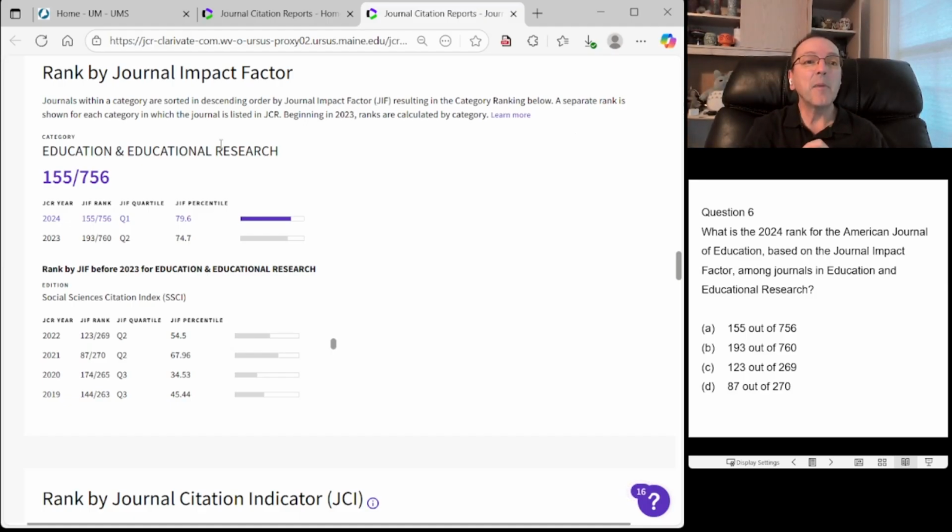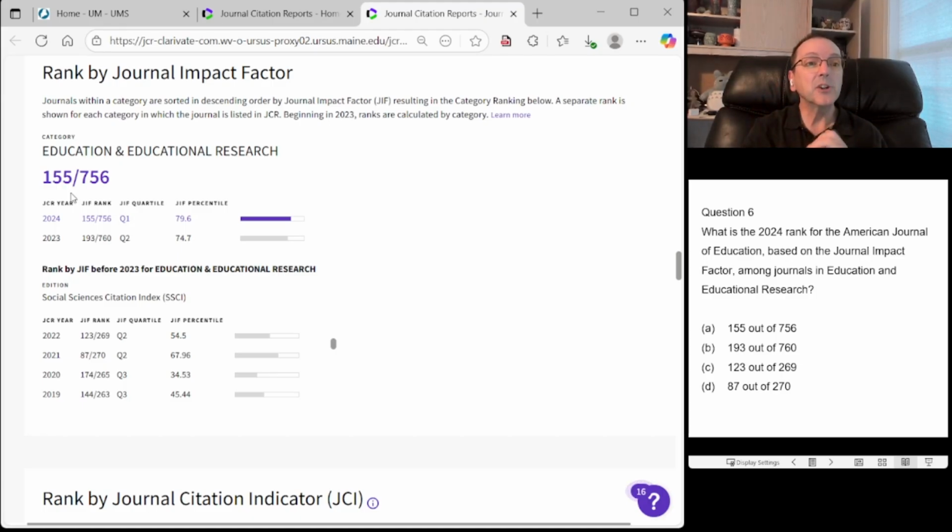And we see again, it reminds us that the discipline, the category for our journal, is education and educational research. And for 2024, we see its ranking was 155 out of 756. So JCR has classified 756 journals as education and educational research, and this is ranked as number 155 in that discipline.